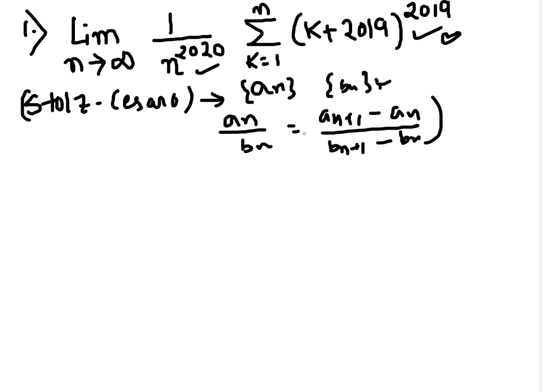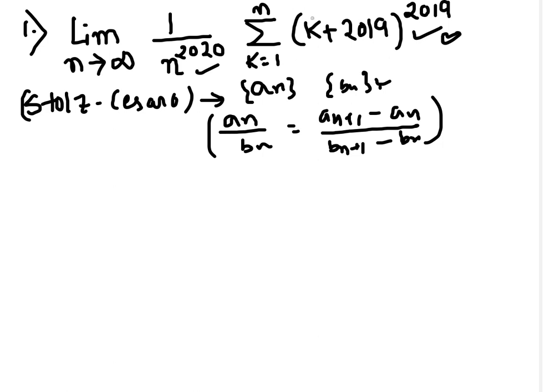This happens when b_n is divergent and a_n is divergent, and b_n is monotone. Now both of the limits need to exist and then only they can be equal. If one of them diverges, then there is no way that's going to exist.